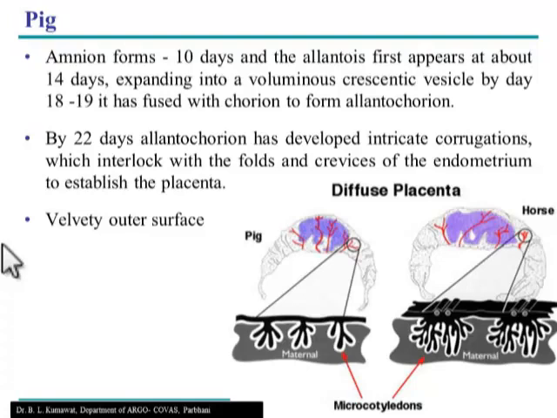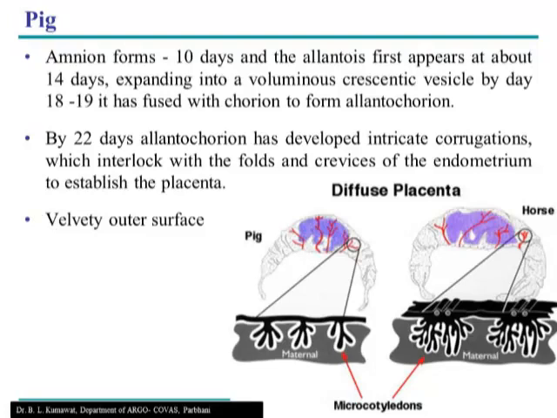Because if you see the gestation length in swine, it is around 114 days, and if you compare it with the bovine, it is around 9 months, and 10 months in buffaloes. So the longer the gestation length, the slower the rate of intrauterine development.